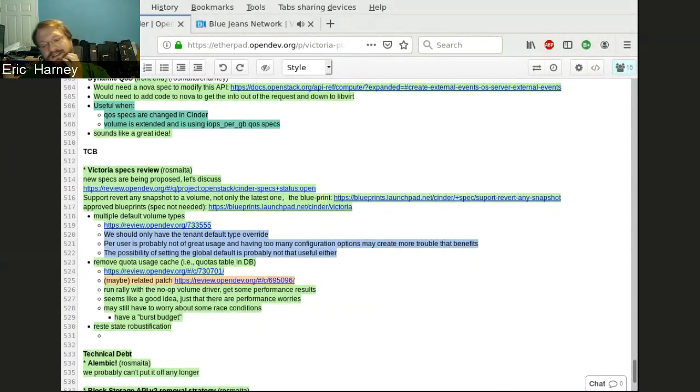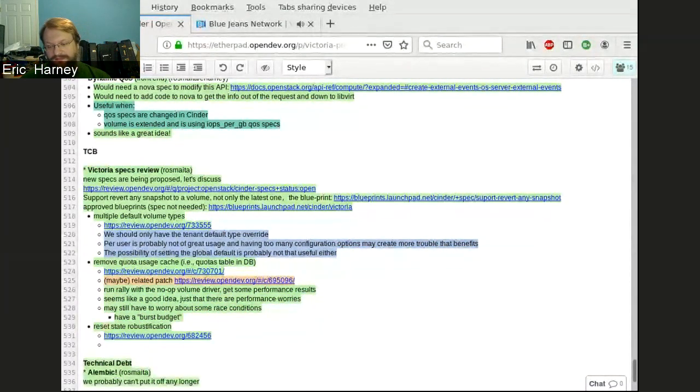The premise basically is you can run reset state and put things into states that are known to not be valid just by definition. Like if you reset a volume to available that was migrating and you leave the migration status as still progressing, or if you reset a volume to available and you don't clean up the attachments, that kind of thing.